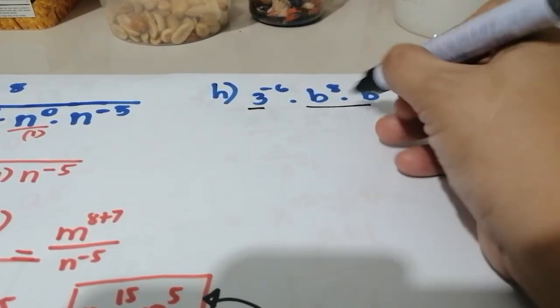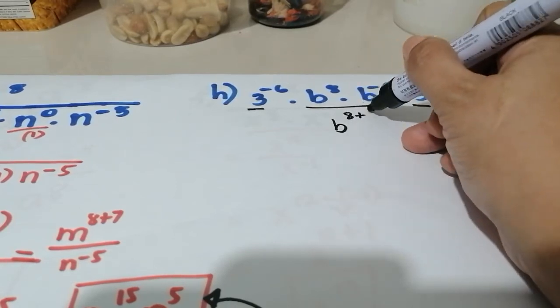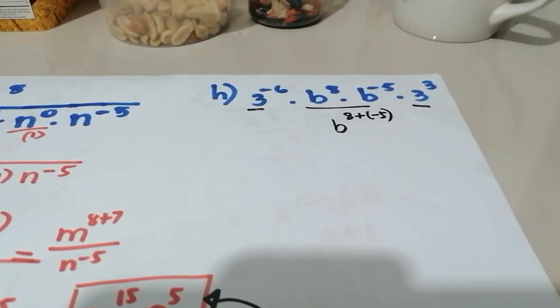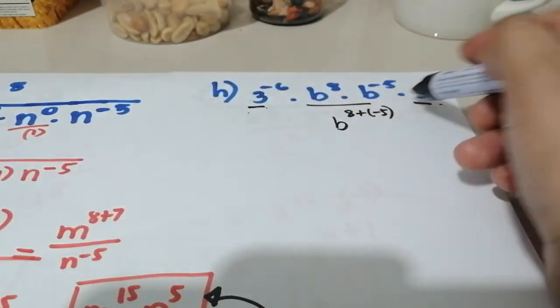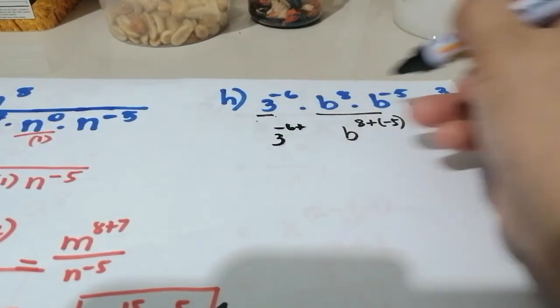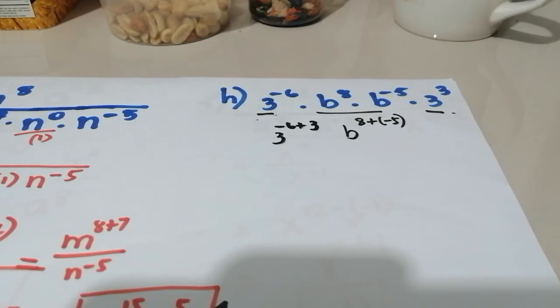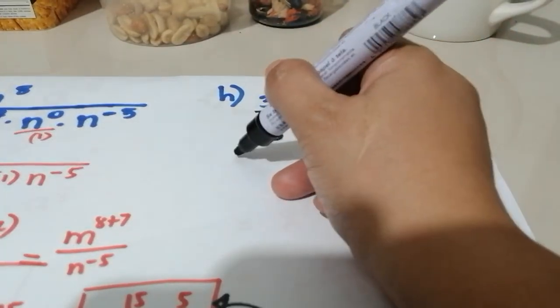So, this one will be b and then 8 plus negative 5. Okay? And then, ico-combine din natin using product rule yung 3. So, this one, 3, negative 6 plus 3 naman siya. Okay? And then, after that, we need to simplify.